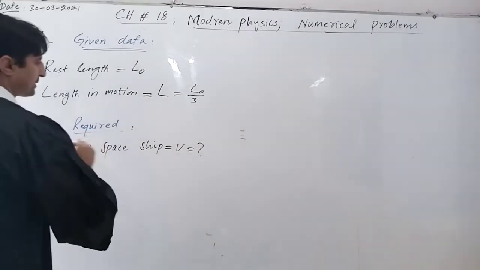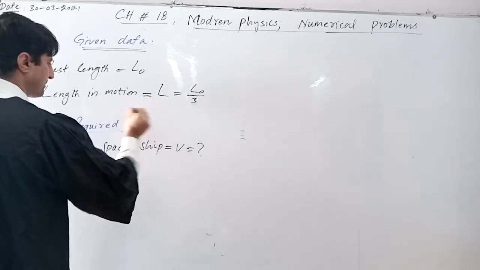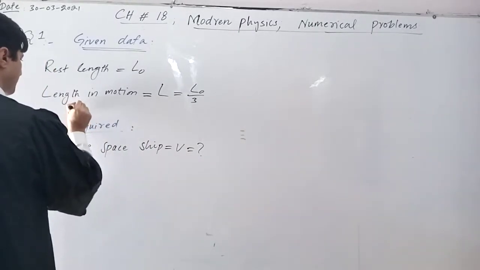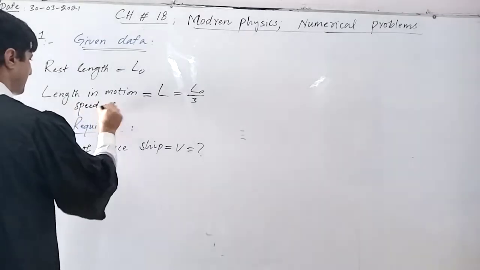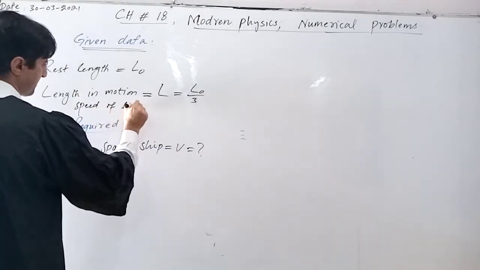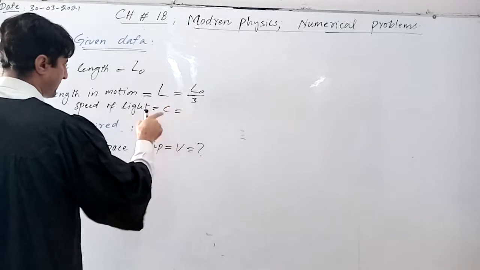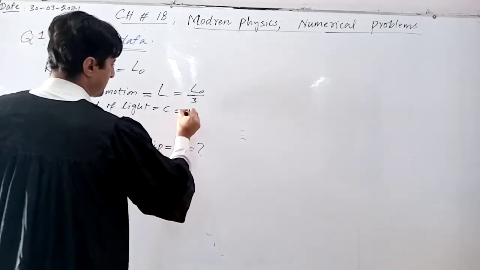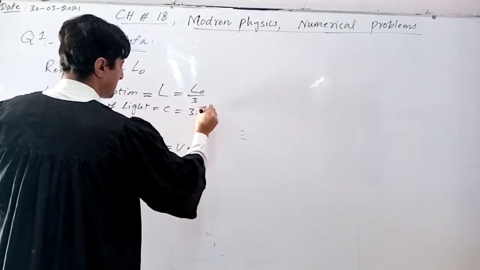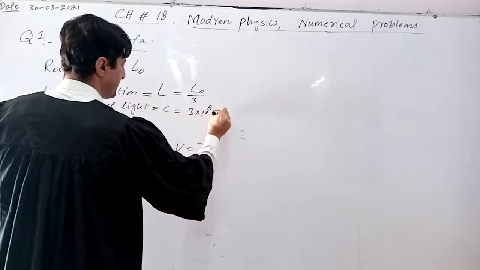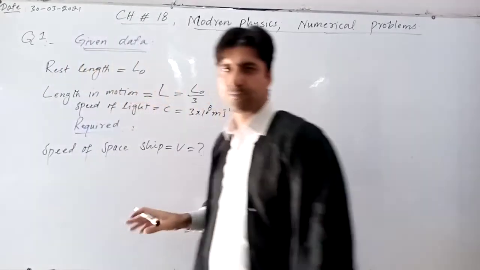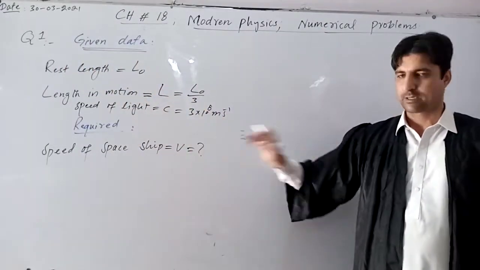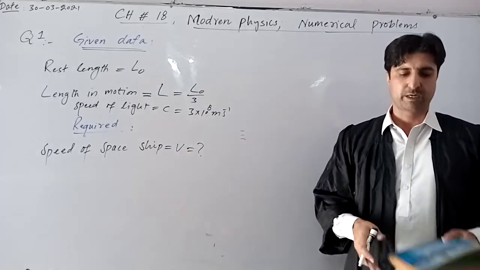Here we also know that speed of light is represented by symbol c, and this is equal to 3 multiplied by 10 power 8 meter per second. So this is the given data, and we have to calculate the speed of spaceship.